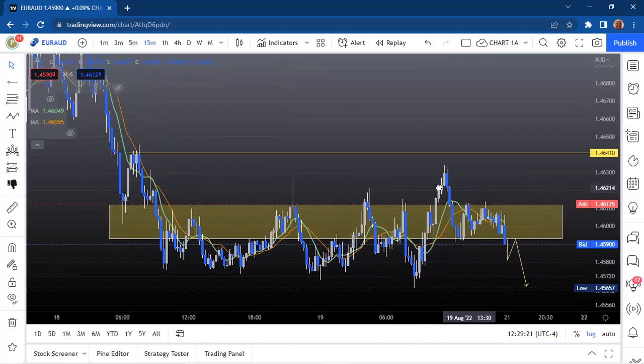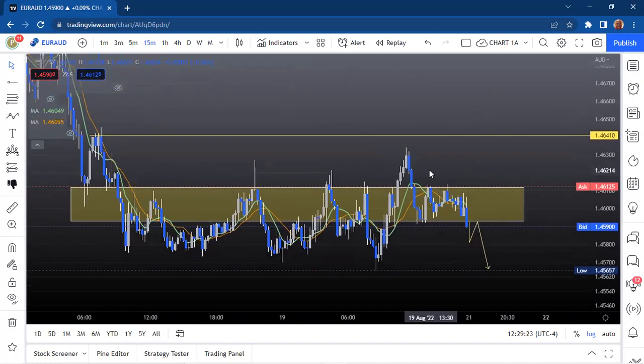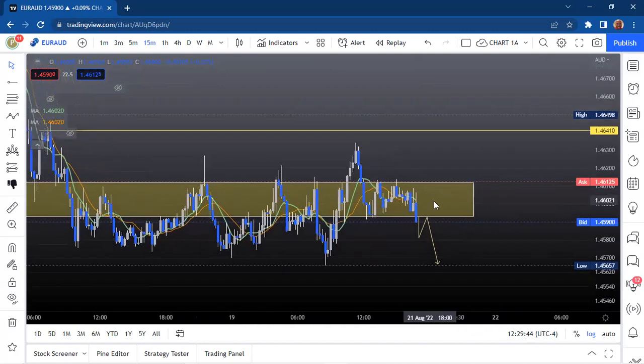So if it doesn't violate this line and stay below this line, and it bounces outside of this box, we could place a trade, although we don't know when, based on timing, my prediction is going to happen, because this is all hypotheticals. It may stay in this box for minutes, hours.